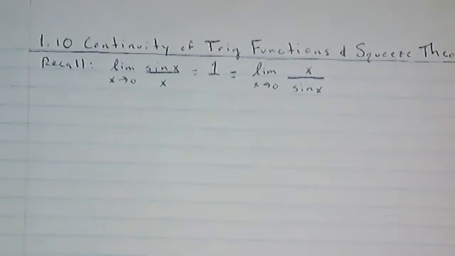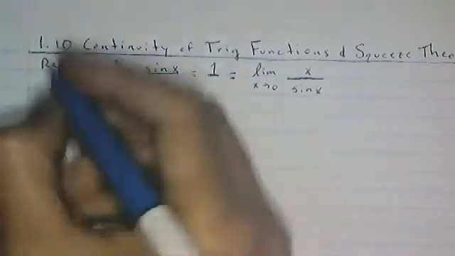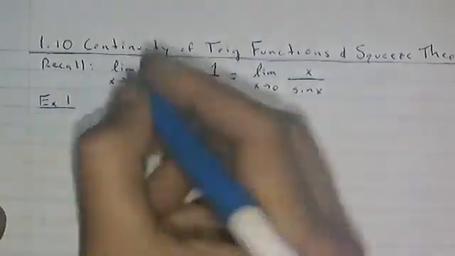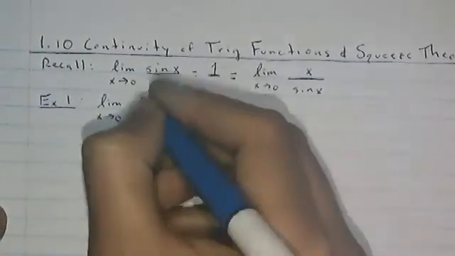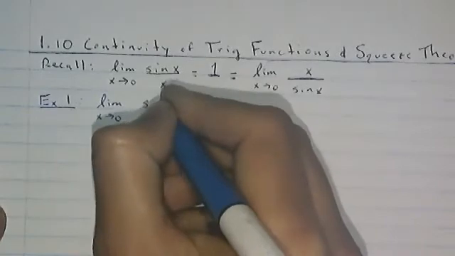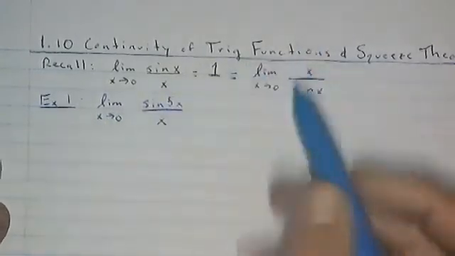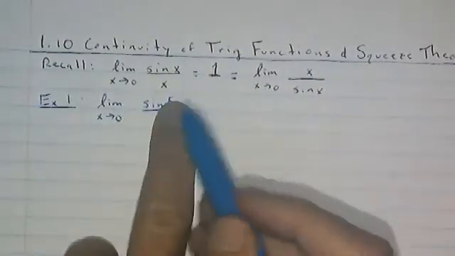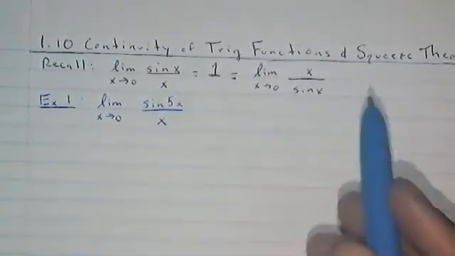And you don't need to rewrite this because we literally did this yesterday. The first example we looked at was the limit as x approached 0 of sine of 5x over x. And we said, well, that looks pretty close to what we want, but really we need the argument inside of the trig function to exactly match the denominator.